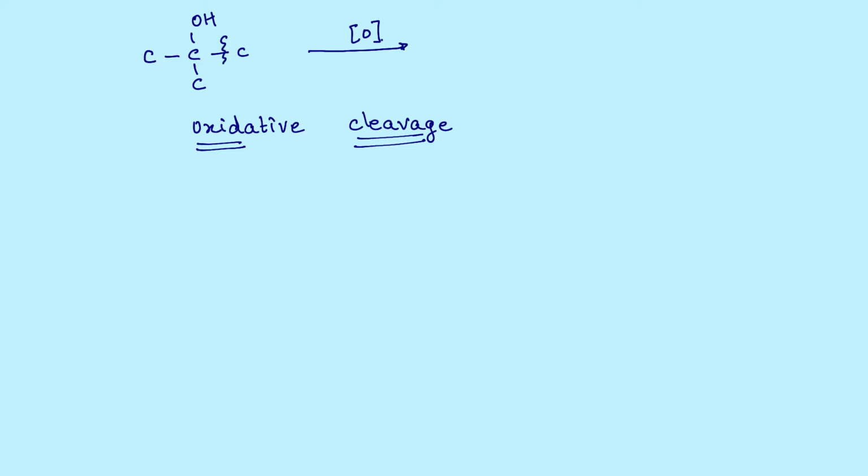That means there will be a bond breaking taking place as well as oxidation. So what will happen here? The smaller alkyl group is released as carbon dioxide and water, whereas the bigger group over here attached to OH will get converted into a ketone, CH3C, CH3 double bond O, because our COH over here will get converted into ketone.